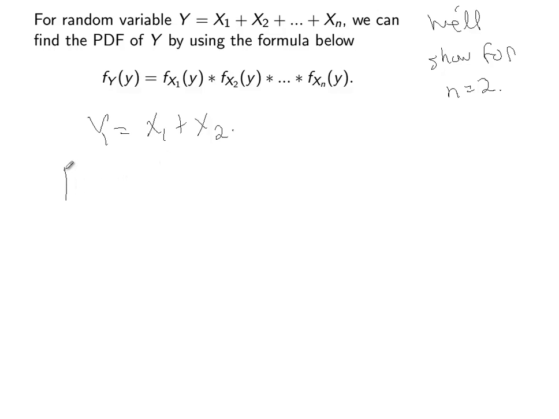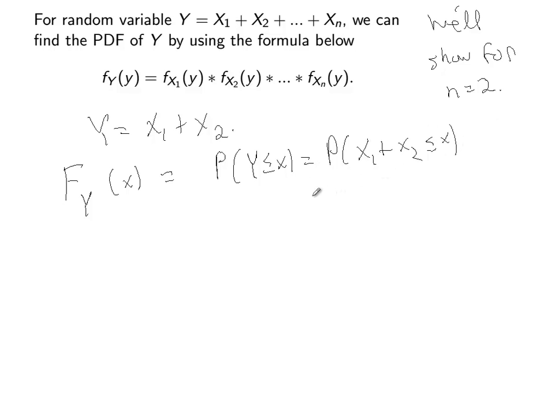So I have F_Y of x, which is equal to the probability that Y is less than or equal to x, which is equal to the probability that X1 plus X2 is less than or equal to x. And I can write that as the probability that X2 is less than or equal to little x minus big X1.